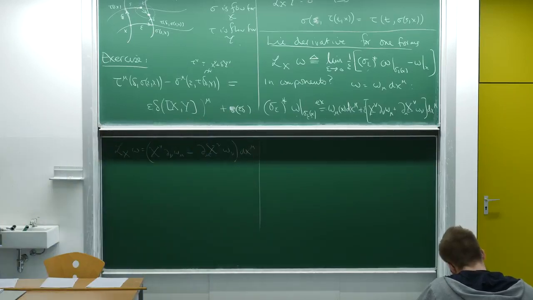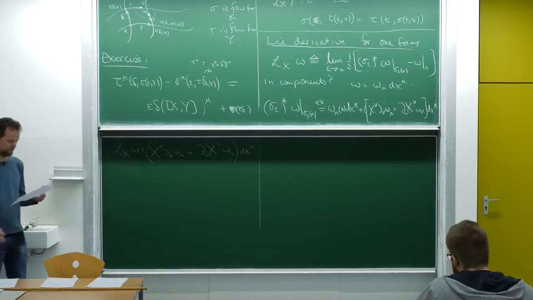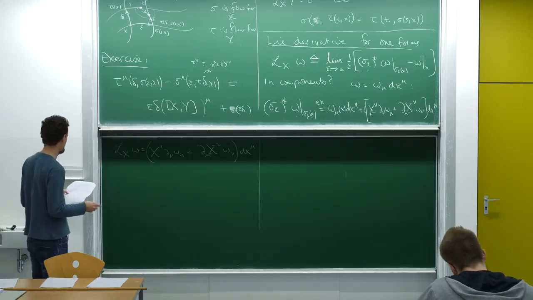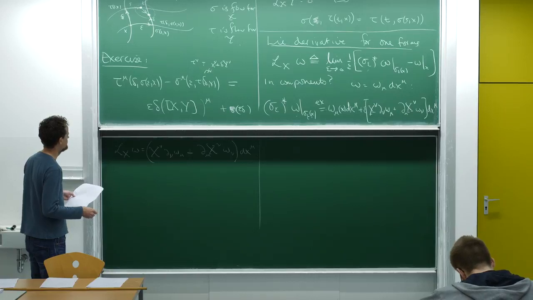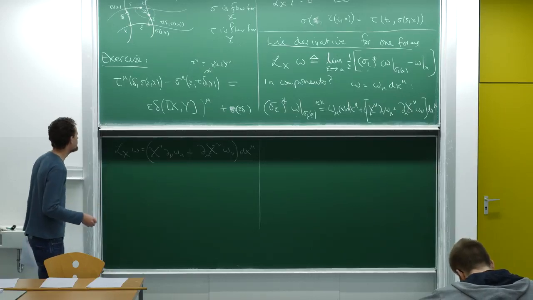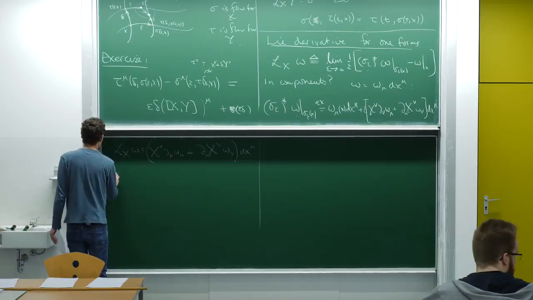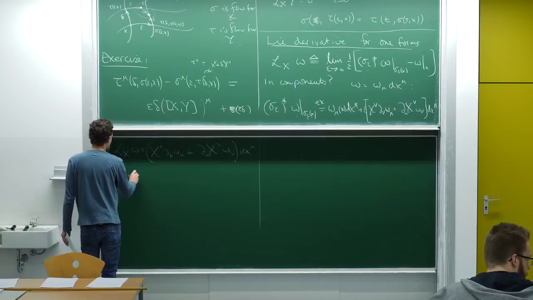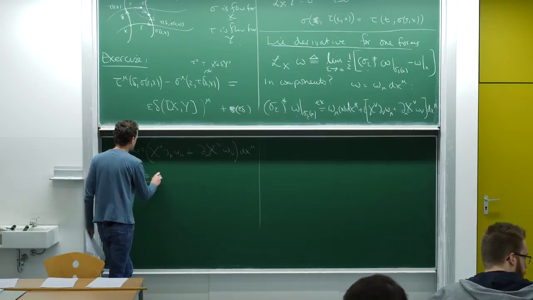There we go. That's how you do the Lie derivative of a one form in components. Great, that was the definition of the Lie derivative of a one form.